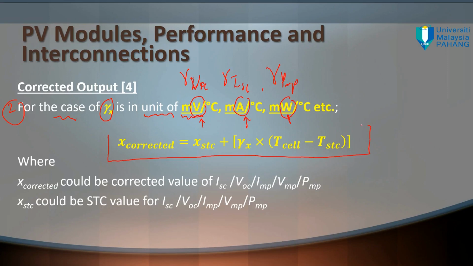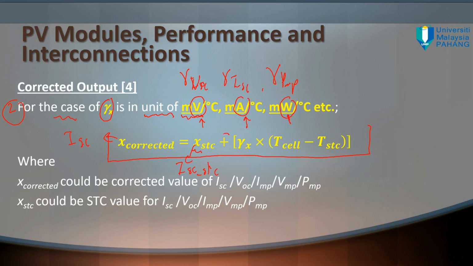Okay, fine. What is the difference? It looks the same, sir. What is the difference? For example, I give the example ISC. X is the ISC. So this X also represents the ISC STC. Correct?